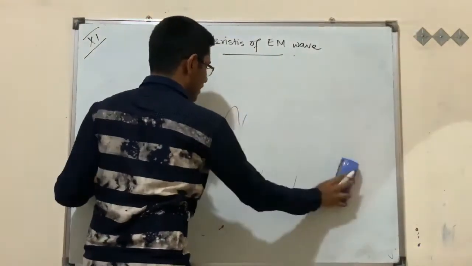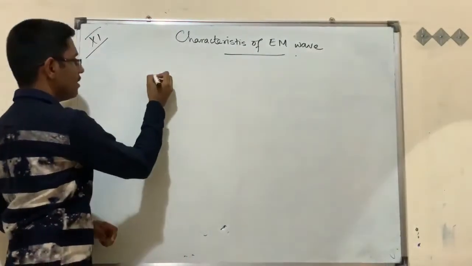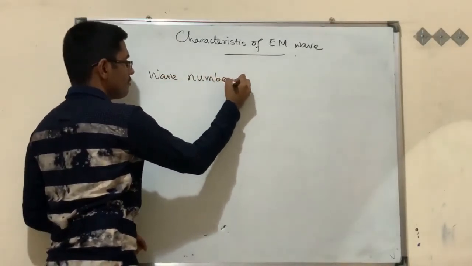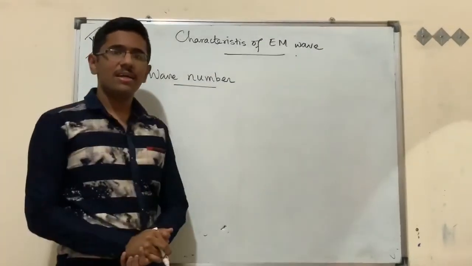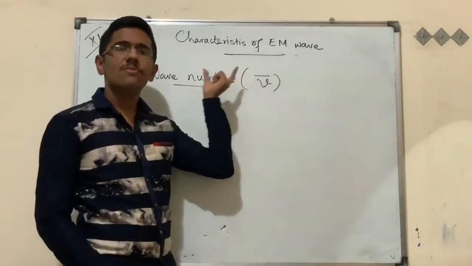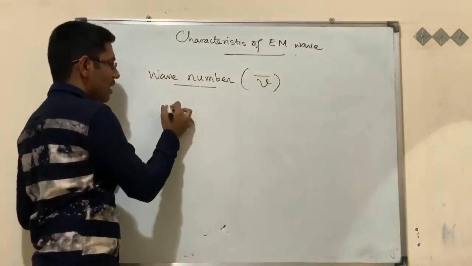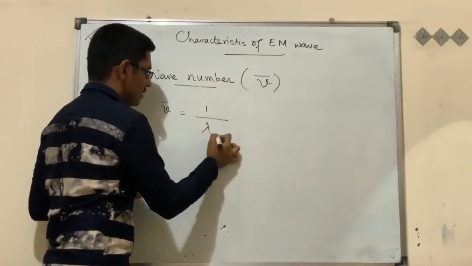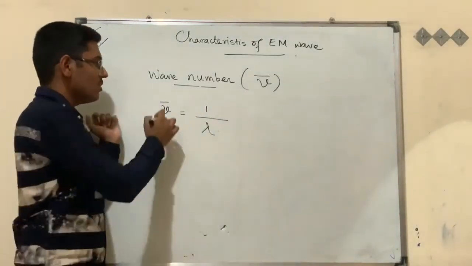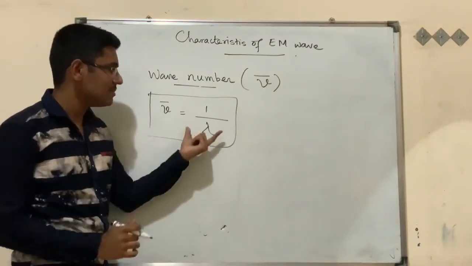Next term, that is wave number. Wave number is denoted by the Greek letter nu with a bar. Nu bar indicates wave number. What is the meaning of wave number? Wave number nu bar is 1 by wavelength. The reciprocal of wavelength is known as wave number. So how many waves are present in a particular distance, that's meant by wave number.